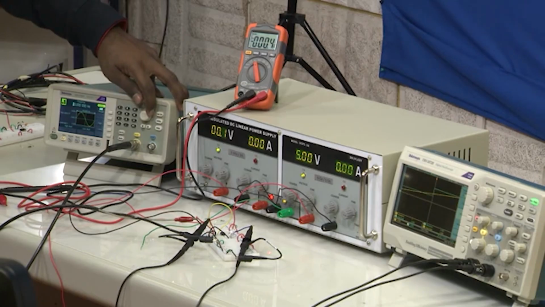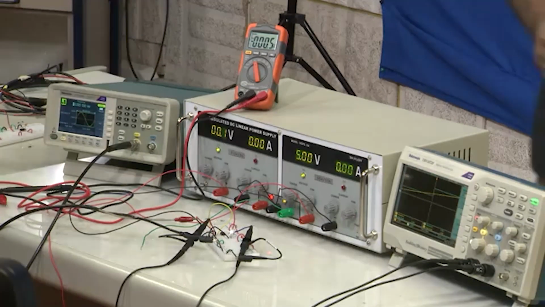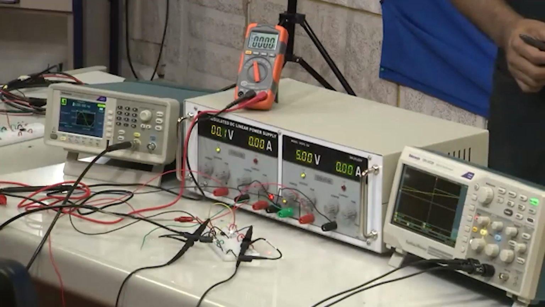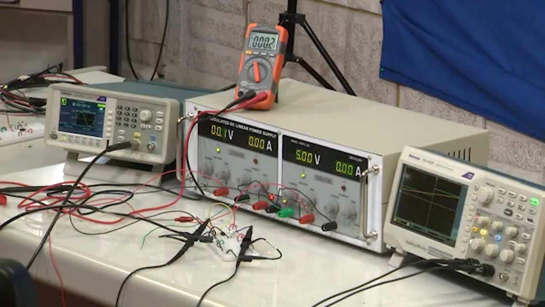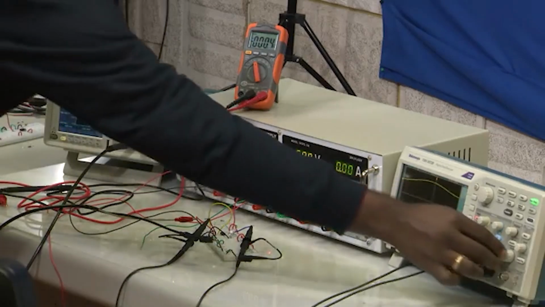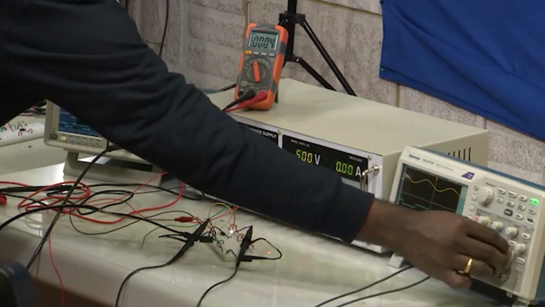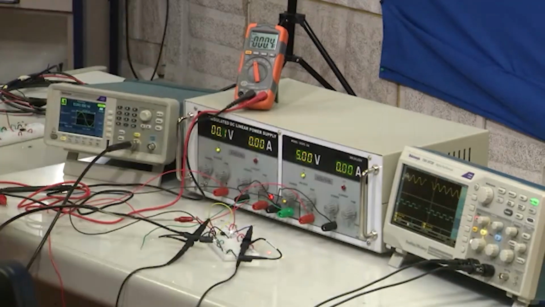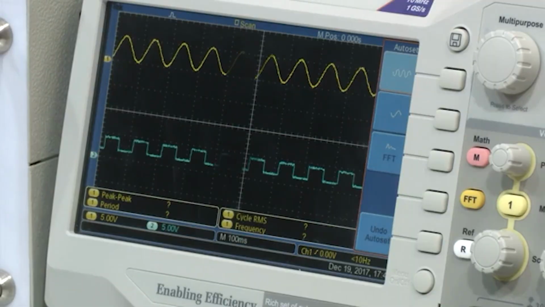The point is that when we use a comparator, and we apply a voltage V in greater than V reference, and the input signal is a sine wave, the output would be a square wave. As you can see in the oscilloscope, the input signal is a sine wave and the output signal is a square wave, right.